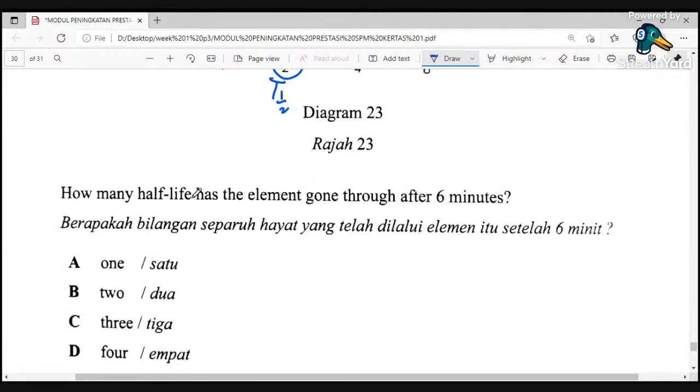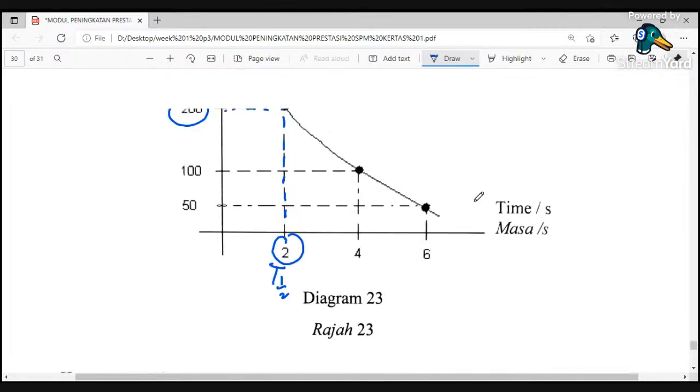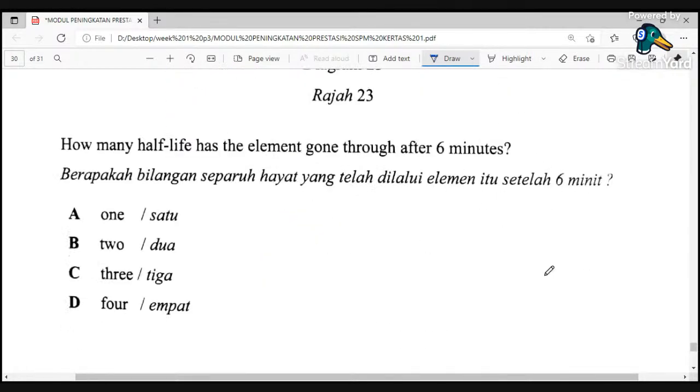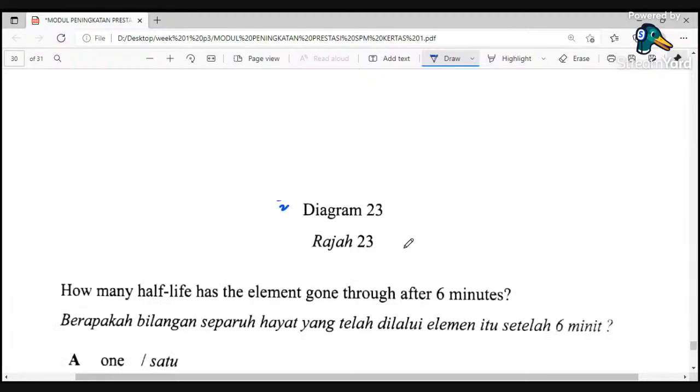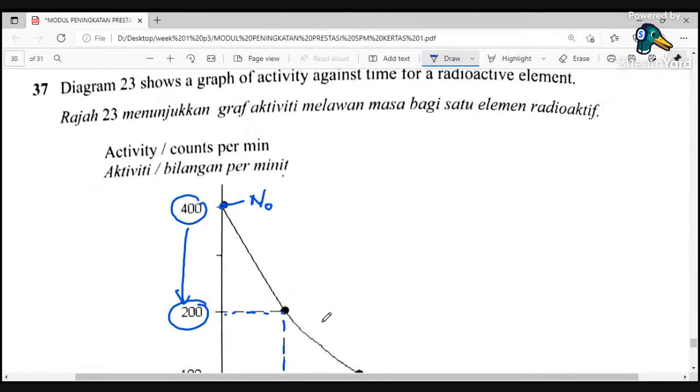Okay, how many half-life has the element gone through after 6 minutes? Okay, half-life ialah 2 seconds. I'm not sure, maybe there's a correction for this one. This is given in second but answer in minute. So it should be minute.